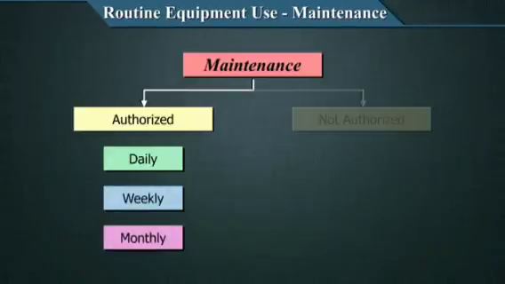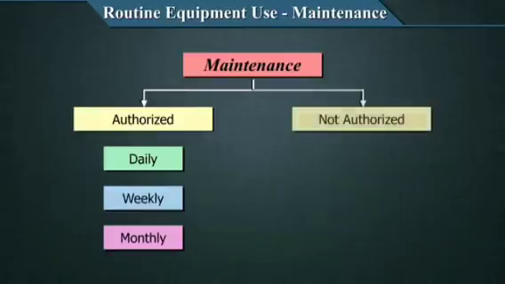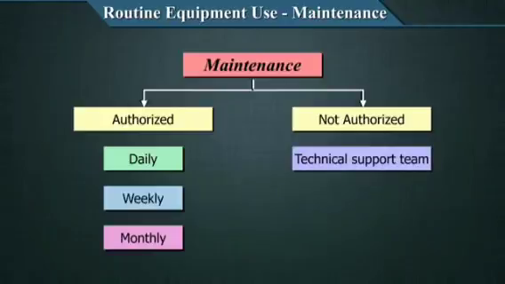And there are other maintenance steps which are not authorized to the laboratory, so let's call them unauthorized maintenance steps. This can be done only by the technical support team, so those have to be scheduled in a certain way as per the recommendation of the manufacturer itself. Okay, I hope that is clear.